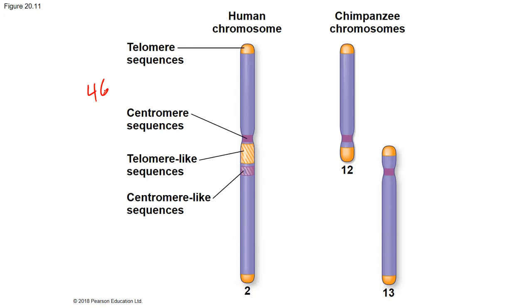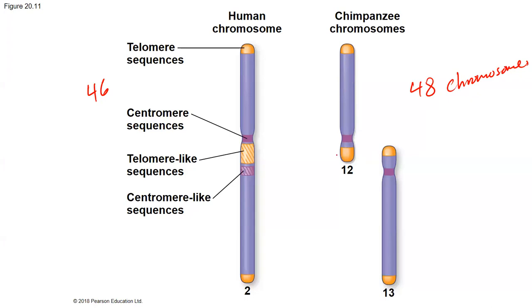In chimpanzees, they have 48 chromosomes. Okay, we have 46. The difference is that they have these two.